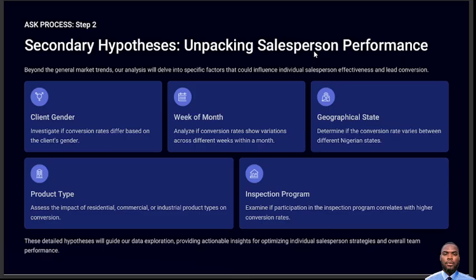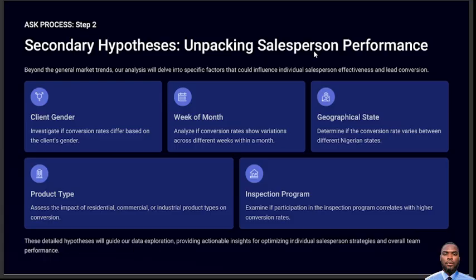So under the secondary hypothesis, we are trying to unpack the salesperson performance to see why a salesperson is doing well or not doing well. Now we can use the client gender that the salesperson gets to check why he's doing well or he's not doing well. Number two, we can use the week of the month where the lead came in to see if that is what is affecting the conversion rates.